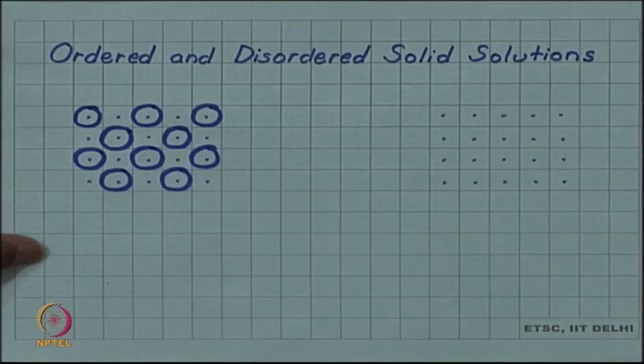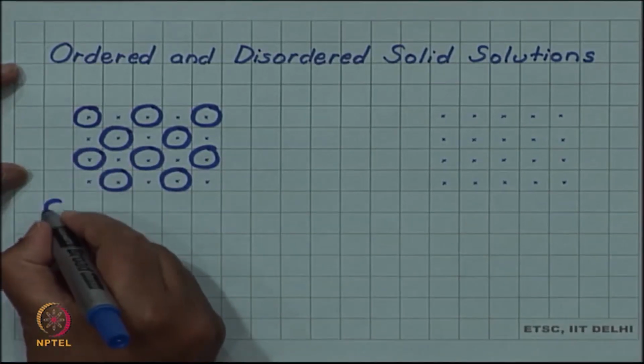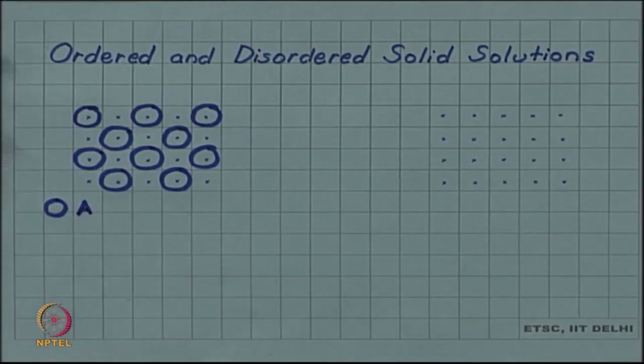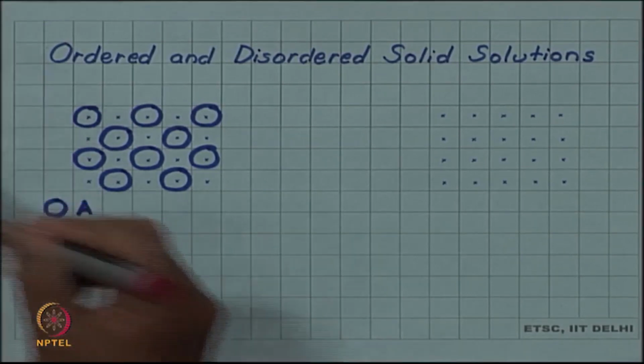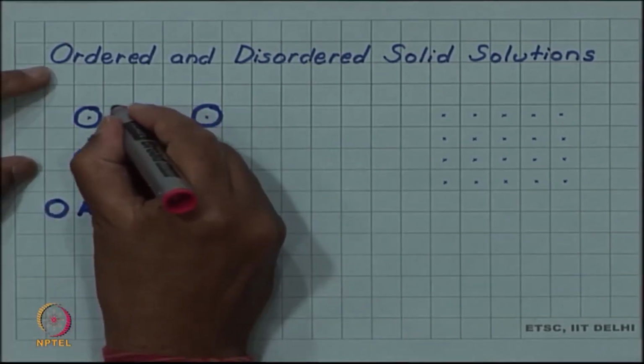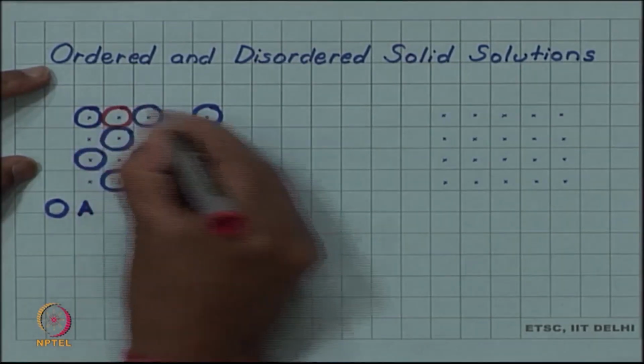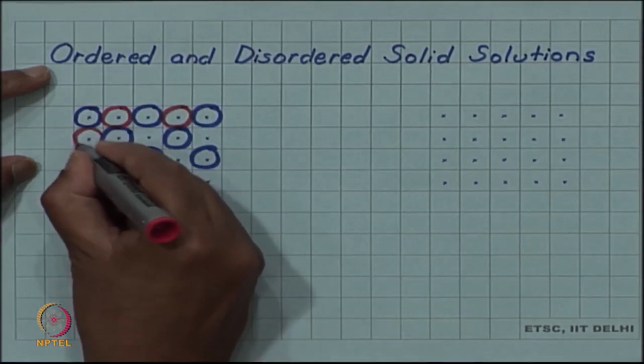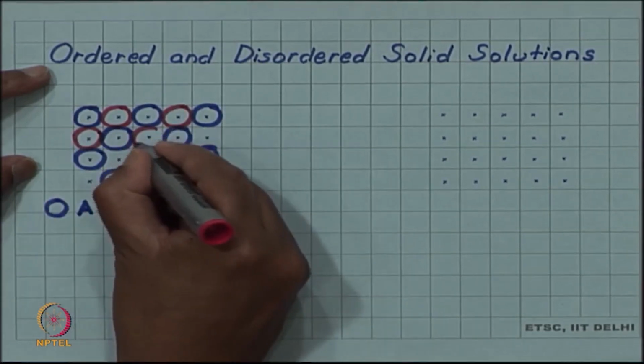So, I have populated 10 sites by A atoms. The blue, let us call this blue, is my A atoms, and on the remaining sites I am putting the red B atoms to complete my solid solution.